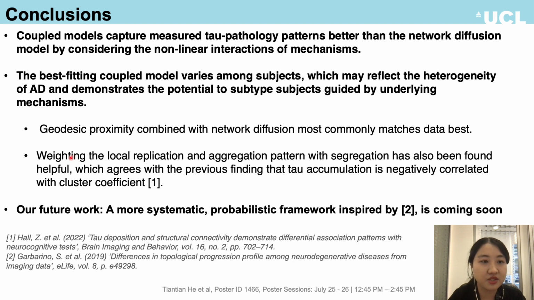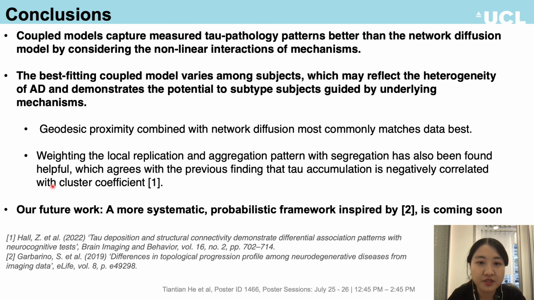More concretely, geodesic proximity combined with network diffusion most commonly matches the data best. Then, weighting the local replication and aggregation pattern with segregation has also been found helpful, which agrees with the previous clinical finding that the tau accumulation is negatively correlated with cluster coefficients.